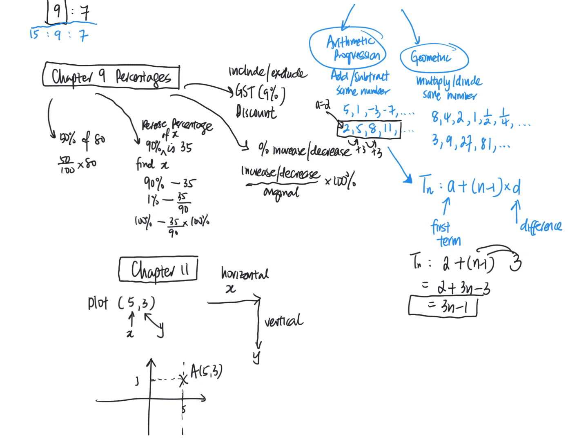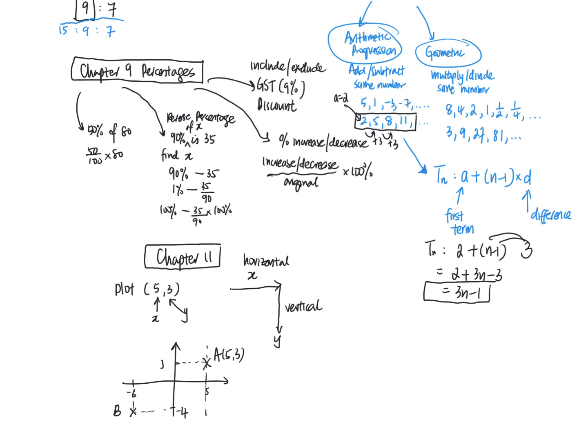So if I put another point here, then I ask you, what is the coordinate of B? -6 followed by -4. Okay, so know how to plot, know how to read.